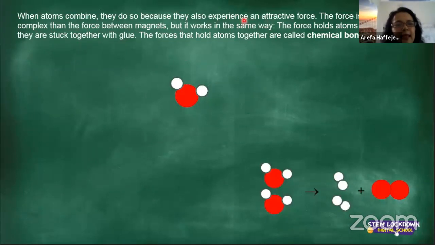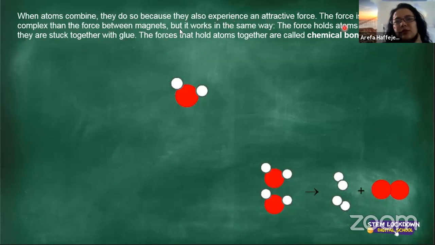So we say that basically these experience an attractive force. The compounds experience an attractive force, and that's what helps them to combine together. The force is slightly more complex than the forces you get between magnets, but they work in the same way.